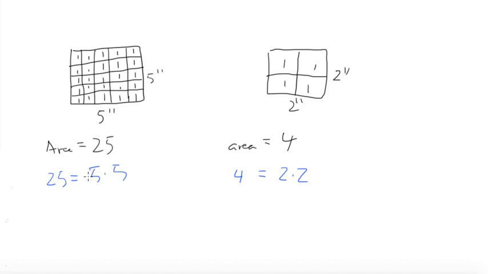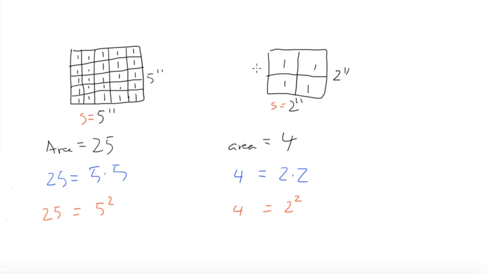Now, what's another way we could look at this real quick before we erase it? Instead of 5 times 5, can that be 5 squared? And can this be 2 squared? 2 squared equals 4. 5 squared equals 25. Yes, it could. So again, this is a side, and this is a side.